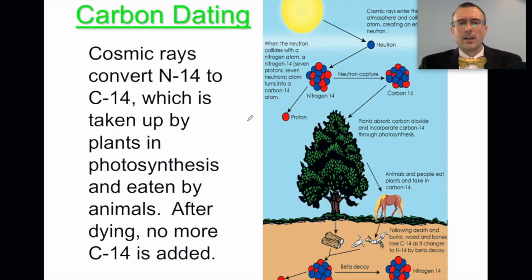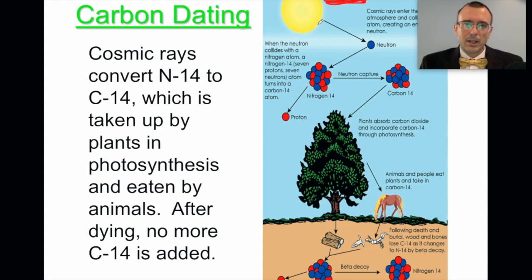Carbon-14 dating works because you get carbon-14 at a fairly constant amount due to cosmic radiation. You might think that carbon-14, with a half-life of only about 5,700 years, should be all gone by now. But it's not, because a certain amount of carbon-14 is always being produced in the atmosphere.